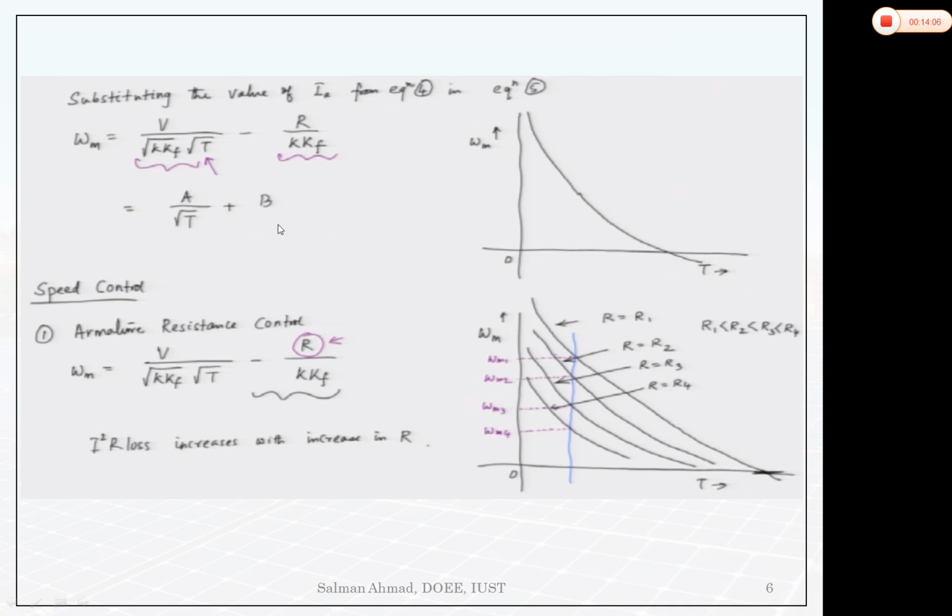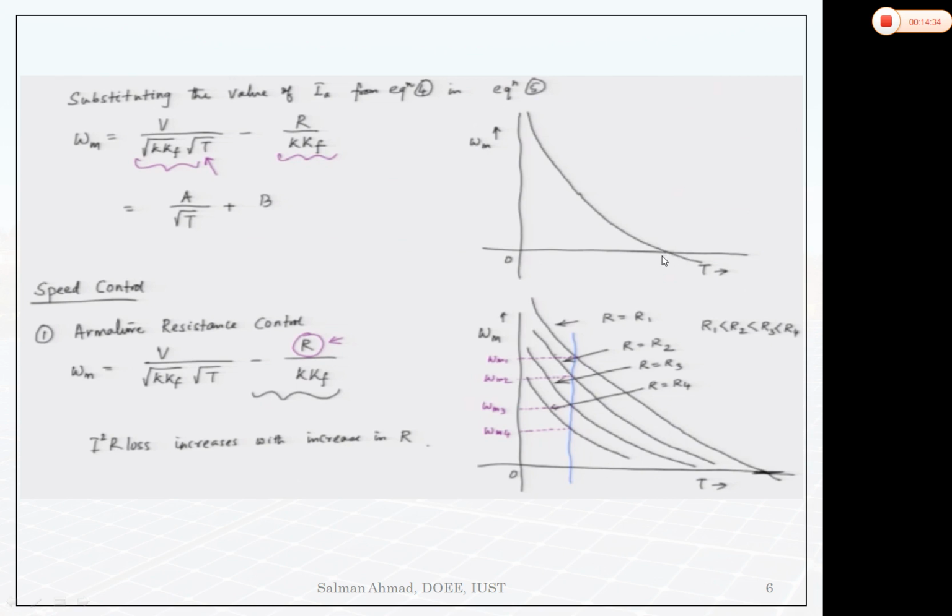So you can see from this equation, if torque is equal to 0, and we substitute torque equal to 0 here, this term will become infinite. That means for small torque the speed is infinite. So from torque 0, the speed is infinite, then at some point these two terms will become equal, that means it will intersect the x-axis.